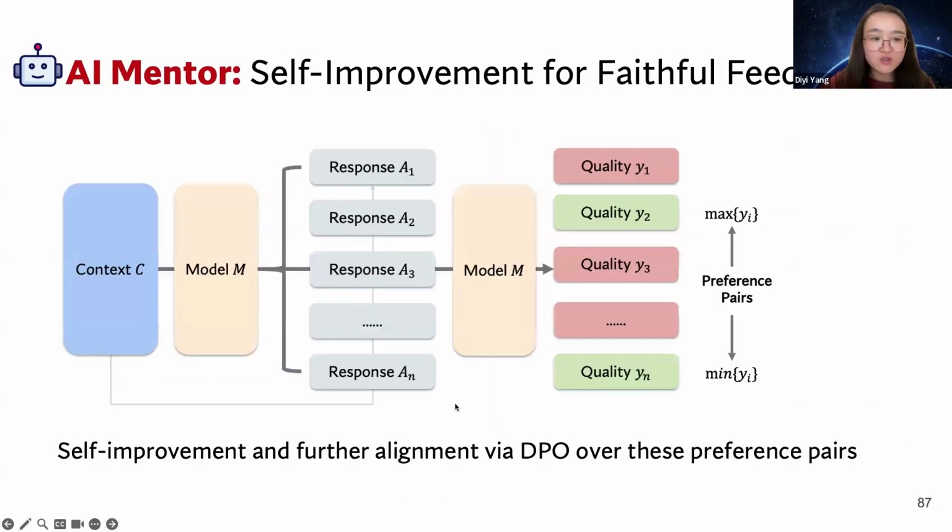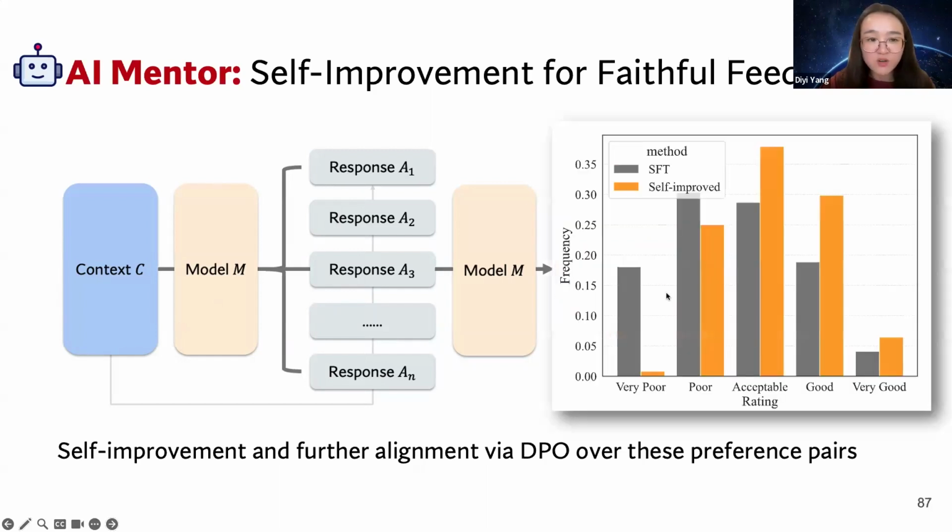The method that we introduce is a self-improvement framework. Imagine you already have a model, and you can use it to generate many different types of responses for a given context. Some of the responses might be good, some may be bad. Then you get synthetic preference pairs and use existing preference tuning methods to make it work.